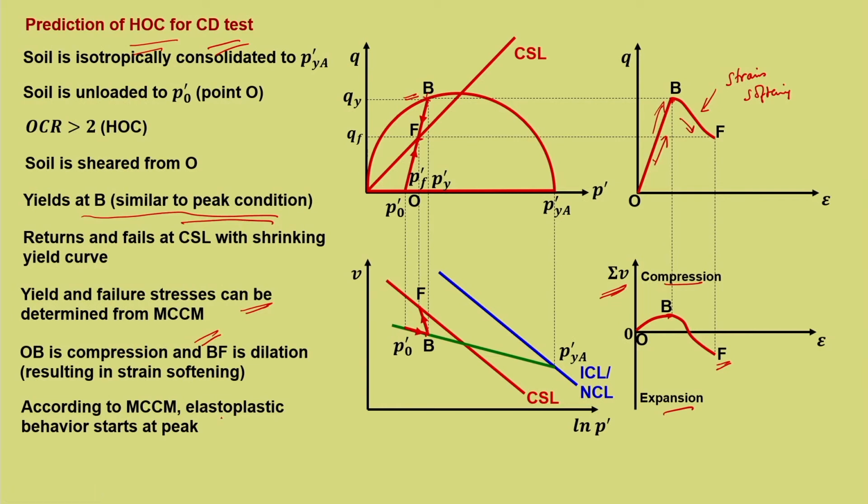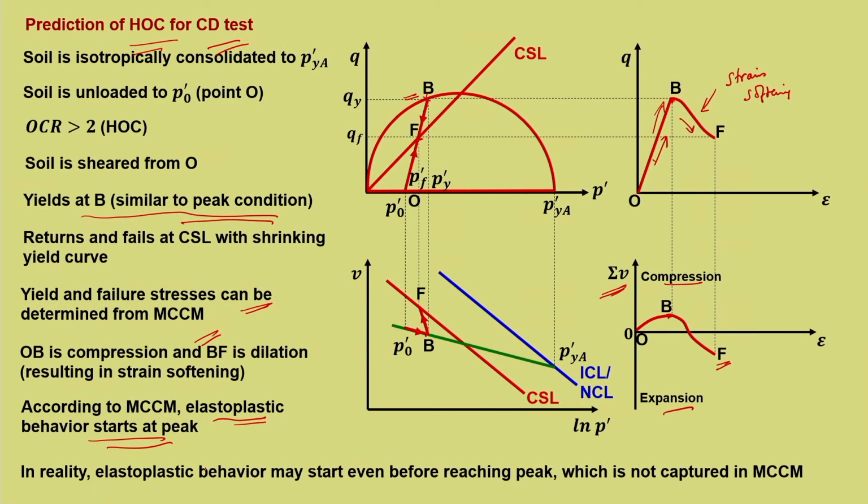Now, according to MCCM, the actual elastoplastic behavior starts at peak. Now, this is defined because it is explained in that manner. In reality, elastoplastic behavior may start even before reaching peak, which is not captured in MCCM. Now, that is what we need to understand.